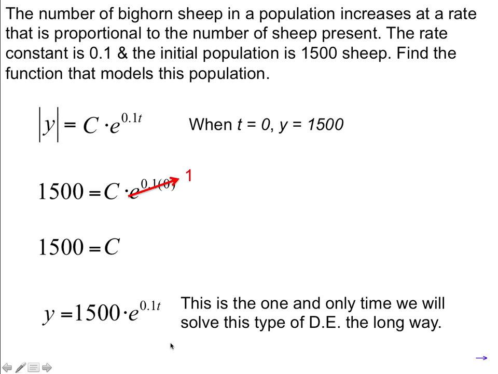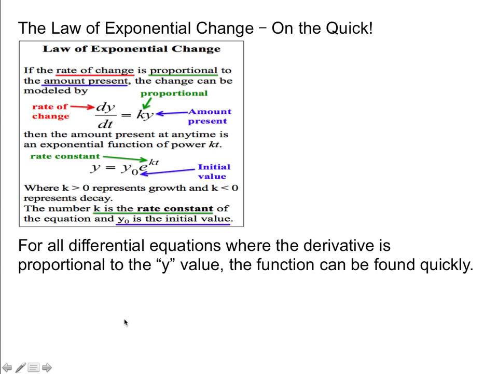And at this point, you don't need to do that with this relationship anymore. So what we're going to do is try starting with the differential equation and getting our exponential function, another kind of quick thing. In other words, we're going to develop this shortcut.